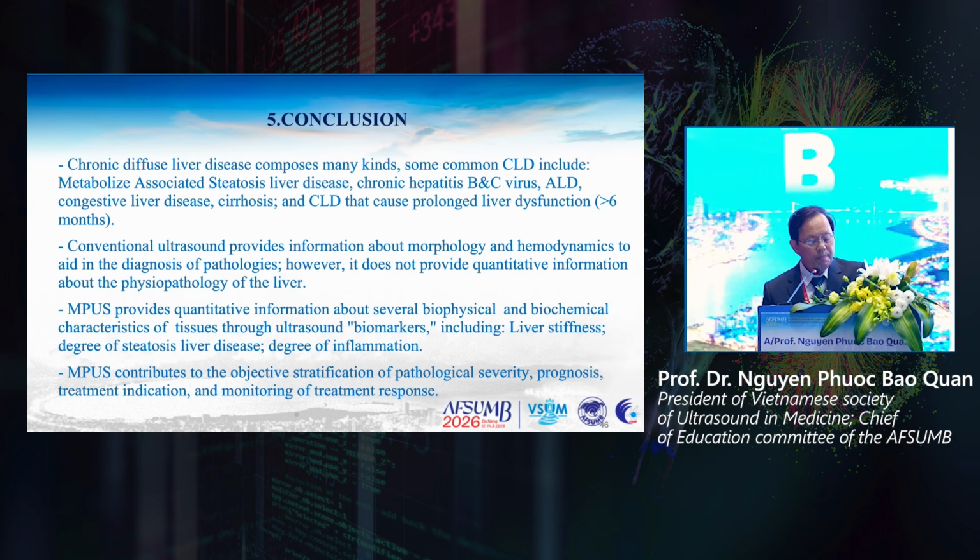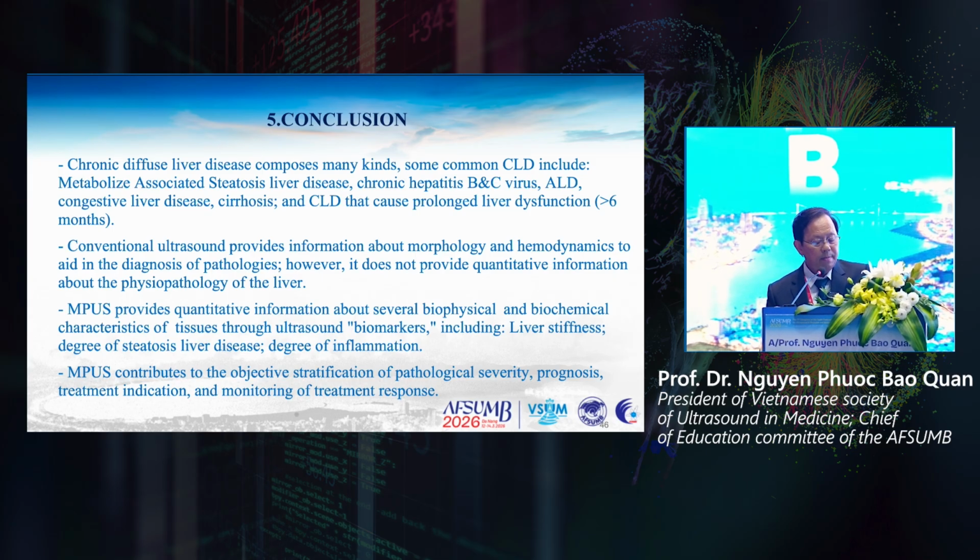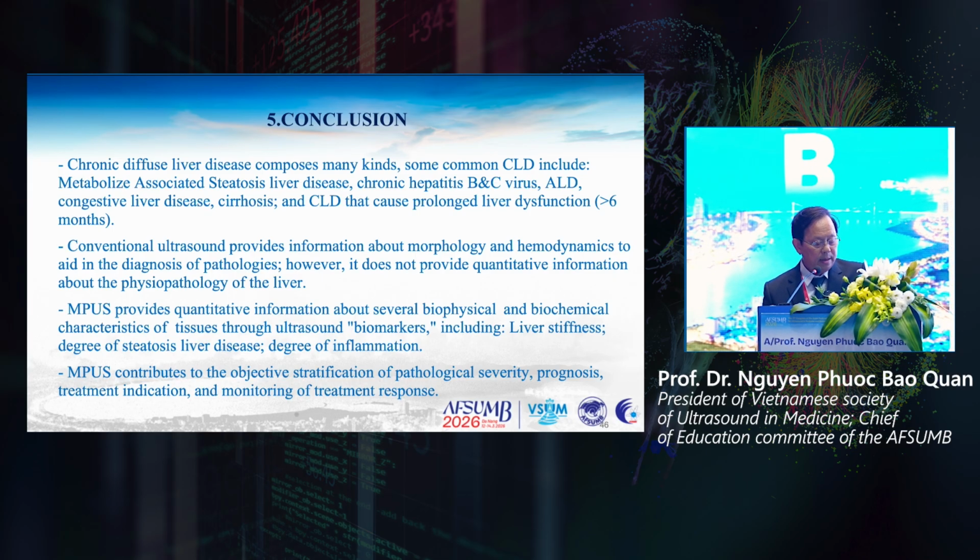However, it does not provide quantitative information about the pathophysiology of the liver. So multiparametric ultrasound provides quantitative information about several biophysical and biochemical characteristics of the tissue through ultrasound biomarkers, including stiffness of the liver, steatosis of the liver, and degree of inflammation.